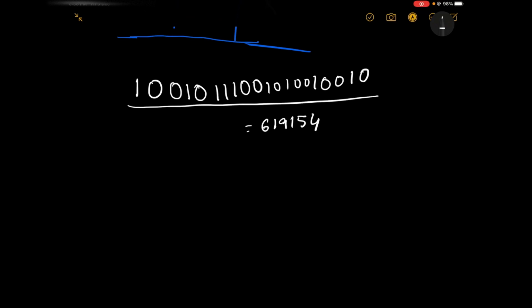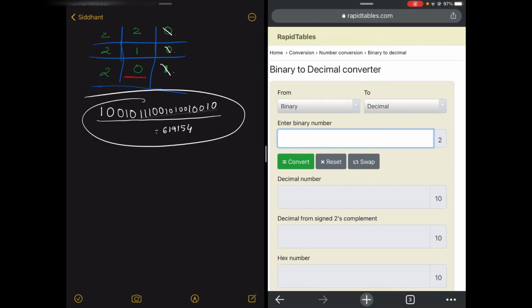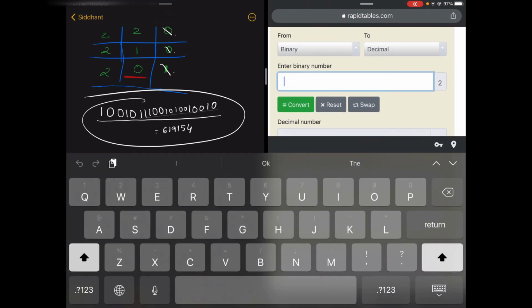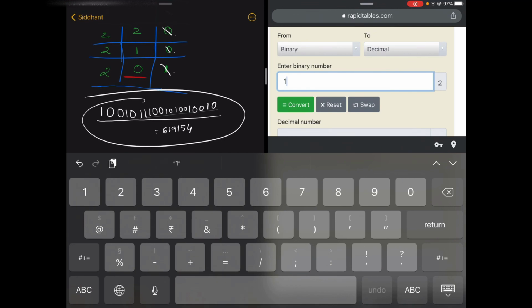So now we can check it. So here we are in the binary converter. Here I am going to type this binary number, which is 1 0 0 1 0 1 1 1 0 0 1 0 1 0 0 1 0 0 1 0.